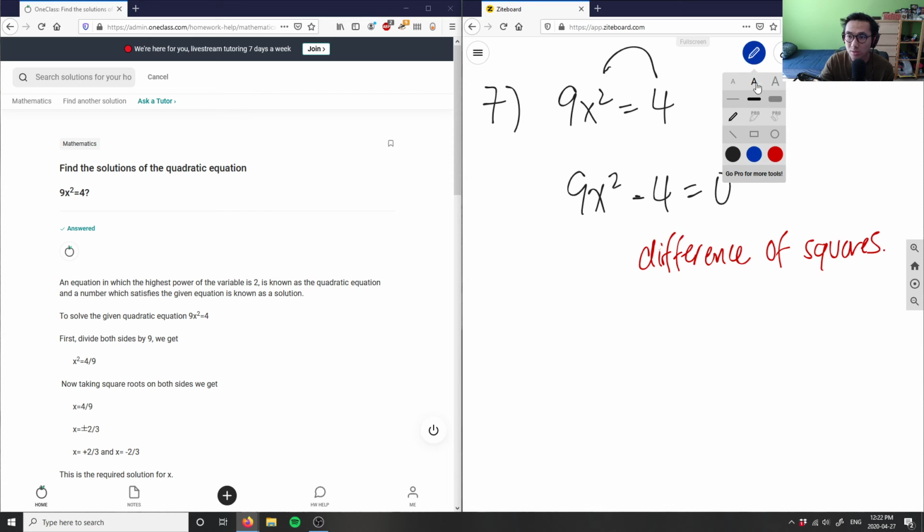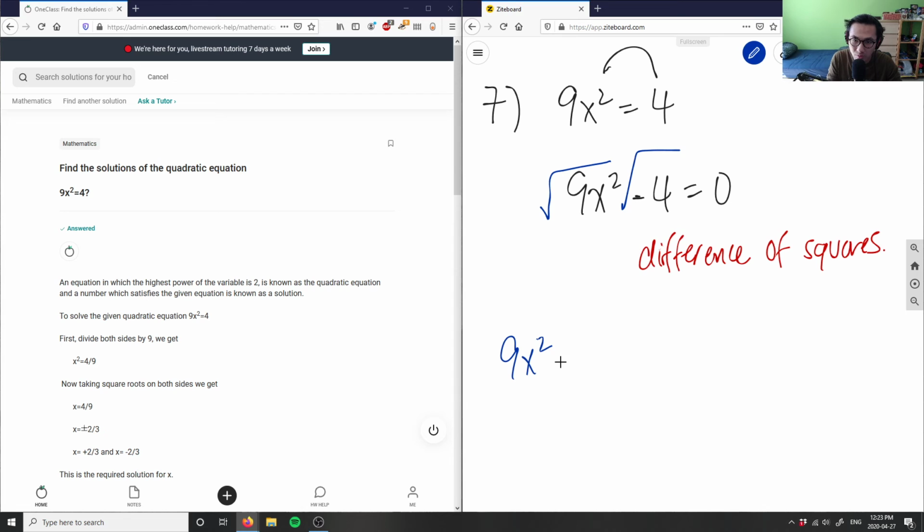In order for us to do that, you can think of an imaginary square root on both of these, this one here and this one here. If I square root both of them, I'm going to have 3x for my first term, and if I square root 4, I'm going to simply get 2, right? So if I were to write this out, I would get 9x squared minus 4 equals a term plus something, and a term minus something.